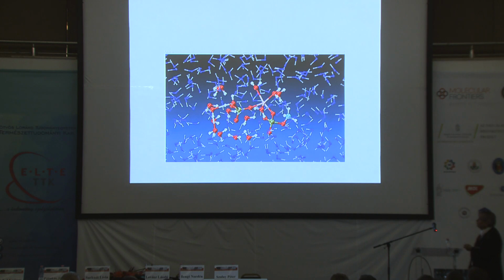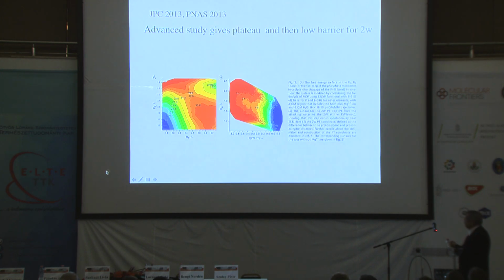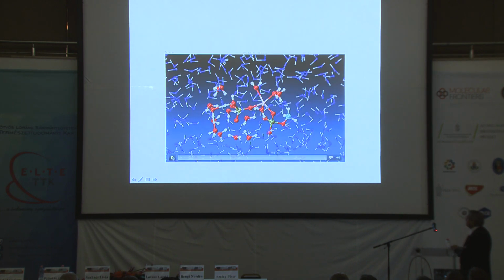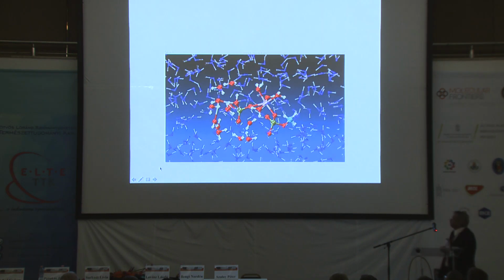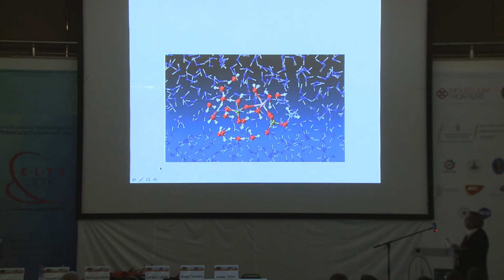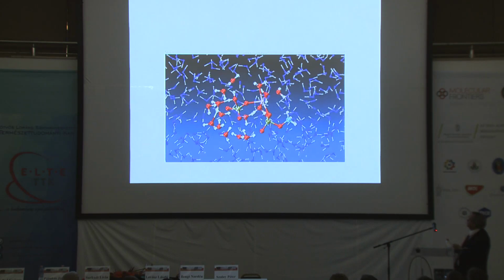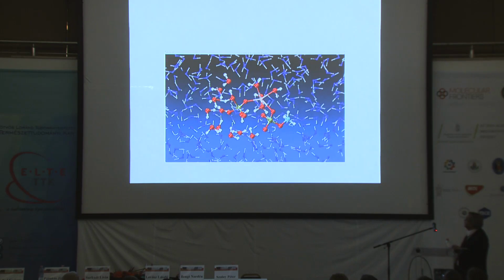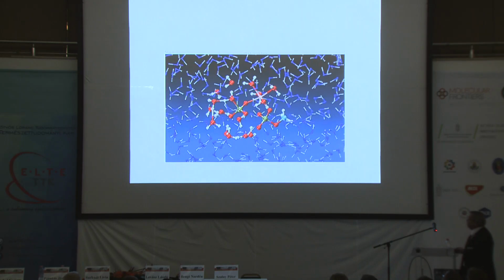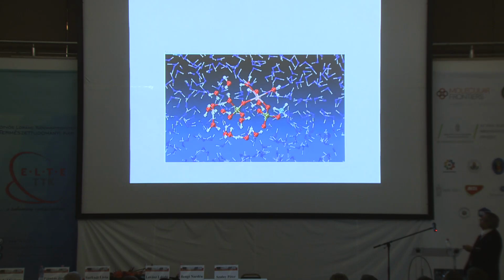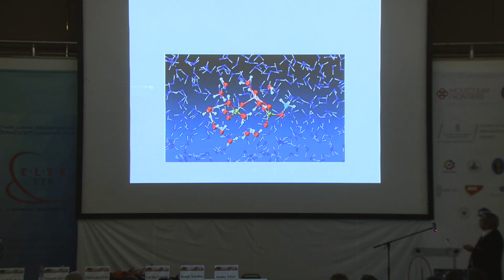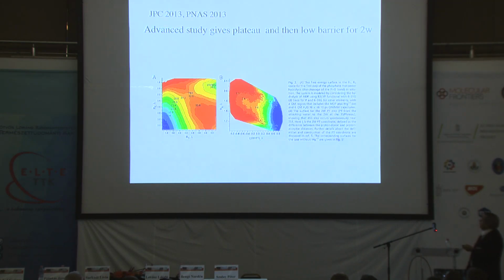Could we do the movie? This is a very expensive simulation of the chemistry of breaking this GTP in solution. And after you analyze the simulation, you could generate this very complicated energy surface.